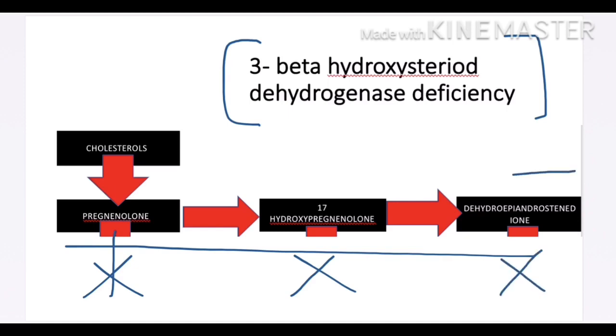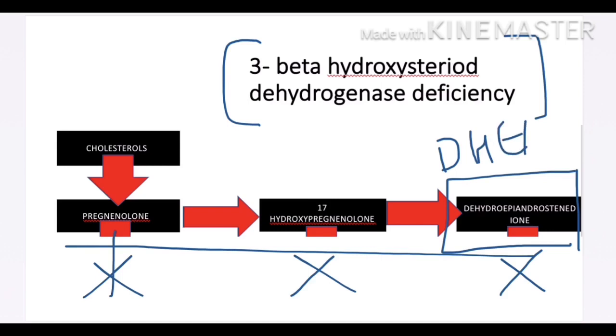Okay, here we have dehydroepiandrosterone, we call it DHEA. This is weak androgen. Okay, so no mineralocorticoid, so the child presents with hyponatremia, hypokalemia and increased plasma renin.